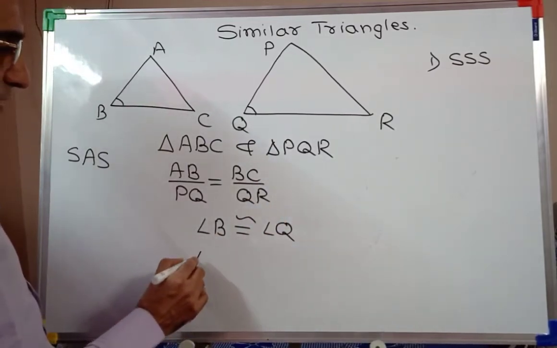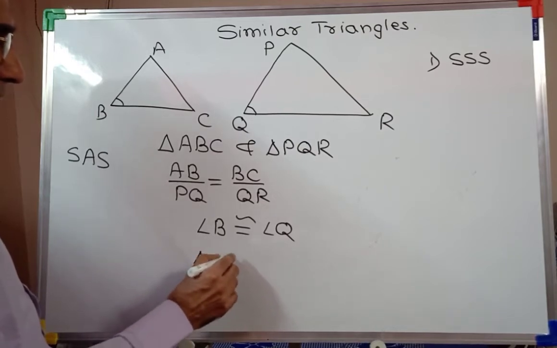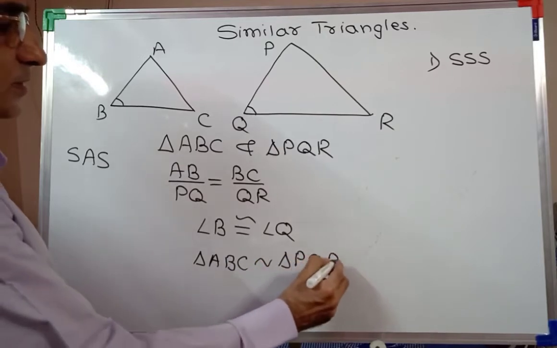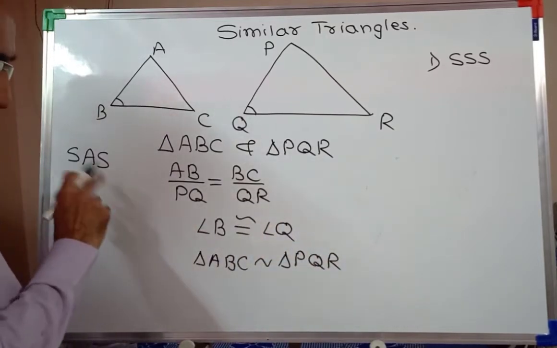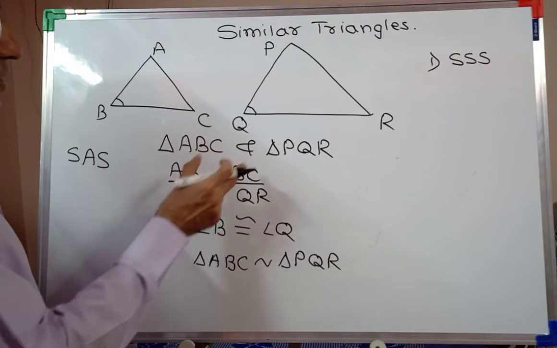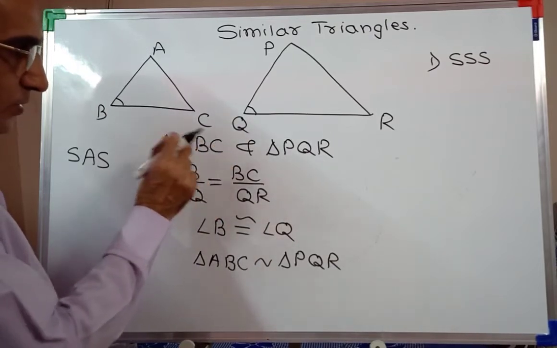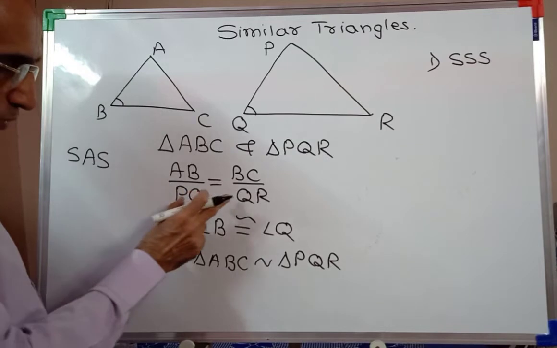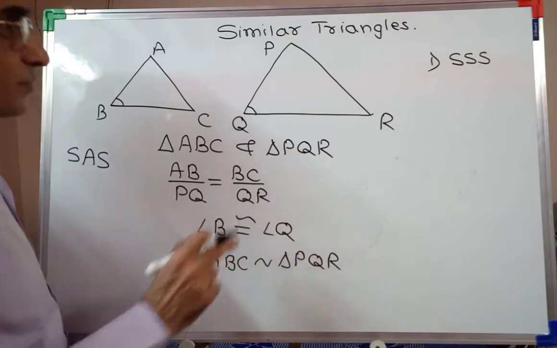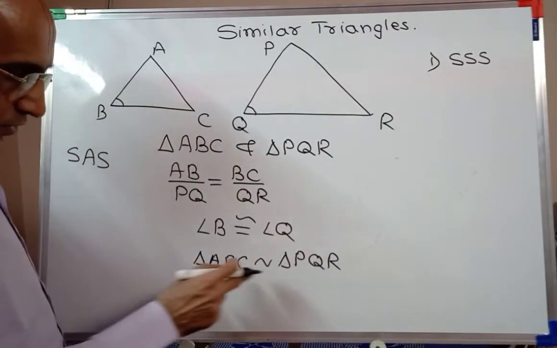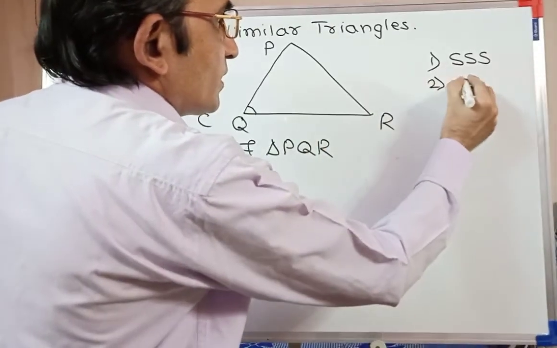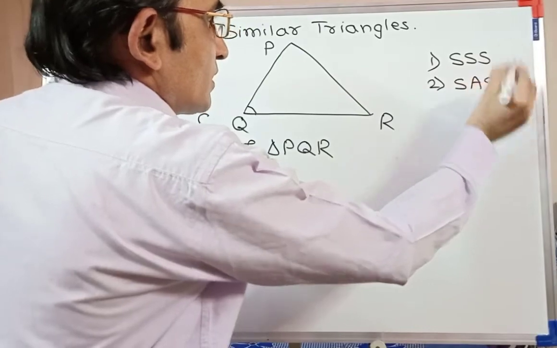Then we say triangle ABC is similar to triangle PQR by the SAS test, side angle side. Two sides of triangle ABC are proportional to the corresponding two sides of triangle PQR, and the included angle is congruent. So this is the second test for similar triangles.